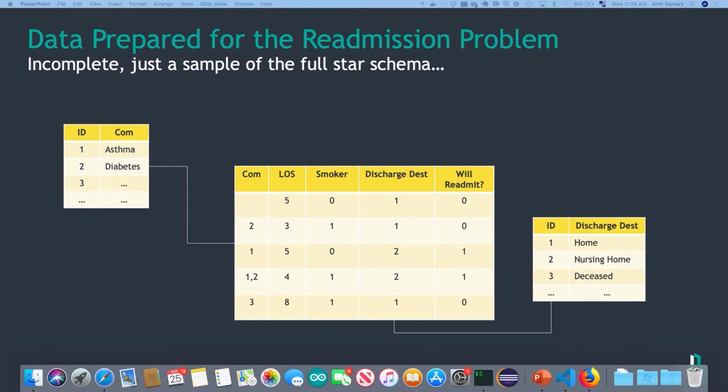You have to do further aggregations like these to prepare the data to train the model. Okay. Now the machine can look at this and see, okay, this first patient will not readmit, and those are the features. The second patient will not readmit, and those are the features. The third patient will readmit, and then the machine can build the model.